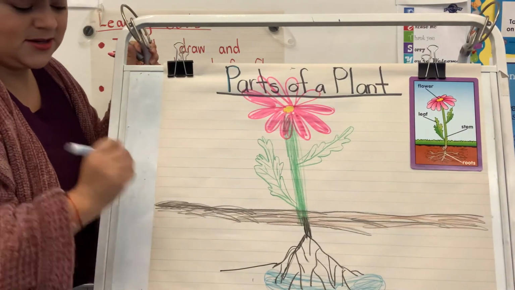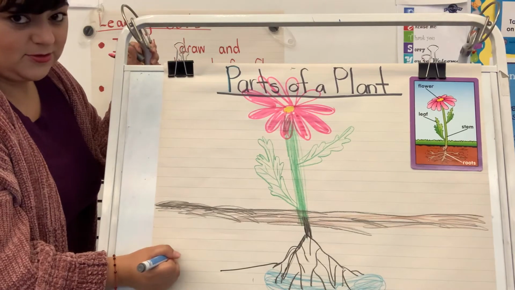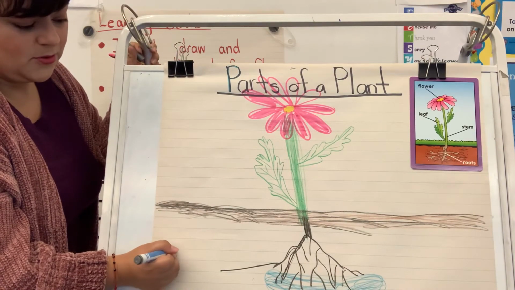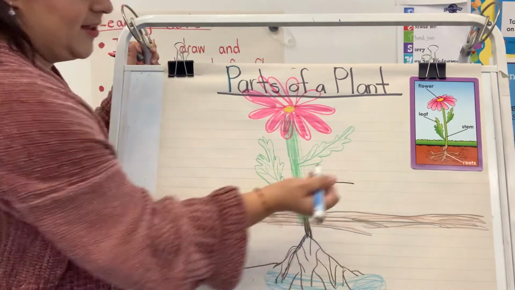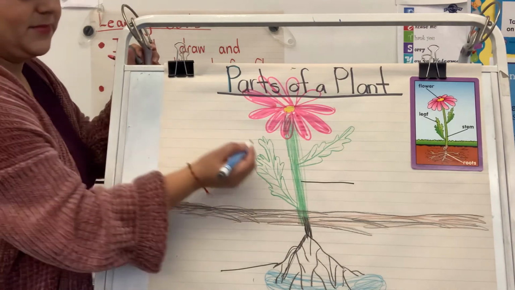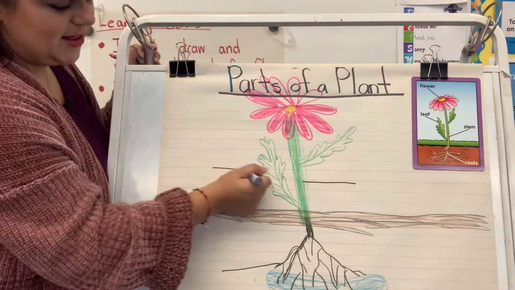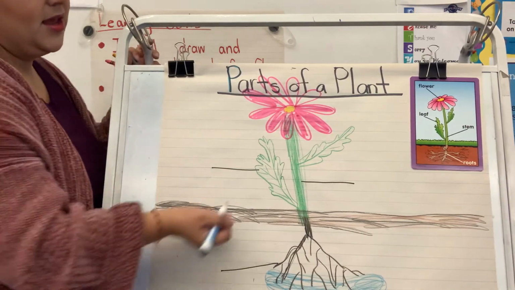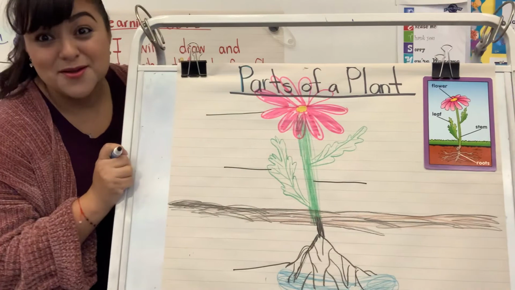Okay, so at home today, I want you to label roots and write the word roots. Use your sounds. Roots. Stem. Write the word stem. Leaf. Write the word leaf. And what was this again? Flower.